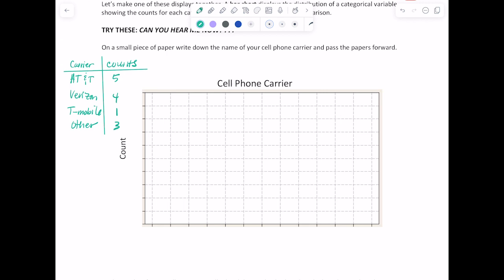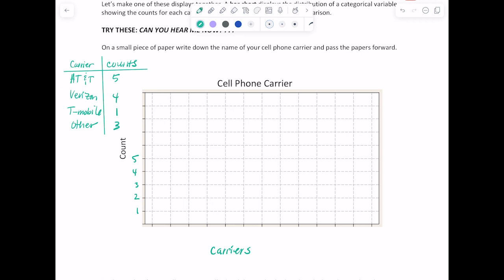When I'm making my bar chart, I notice that the highest number I have is 5. I've got my counts on the left, and I've got my carriers now. It's important to label your horizontal axis.